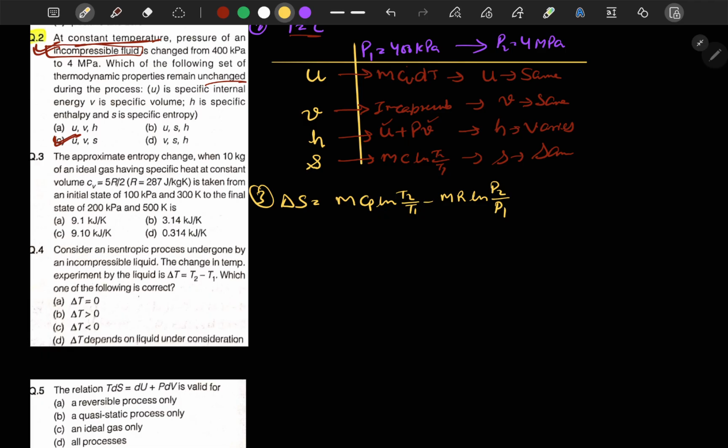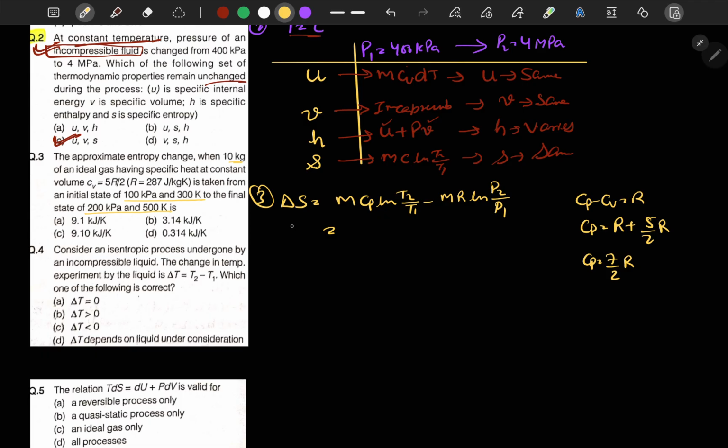So here the mass is given as 10 kg, and we have the initial and final conditions. Now we need cp. We can use the formula cp minus cv is equal to R to calculate cp, which comes out to be R plus cv, where cv is 5 by 2 R, so cp is equal to 7 by 2 times R. Now we will use this here.